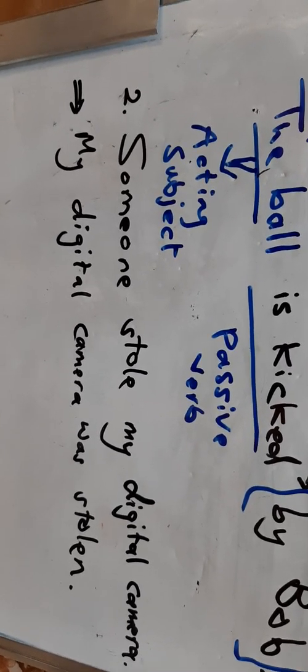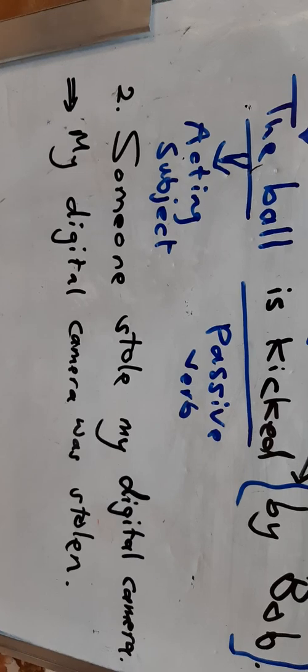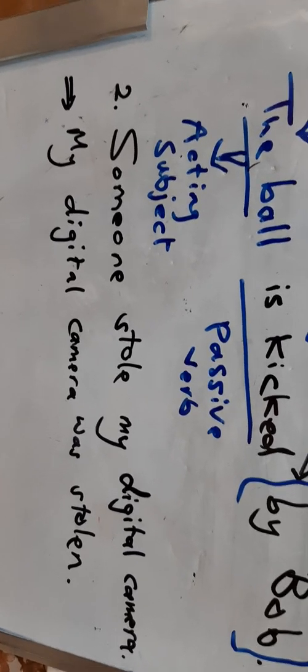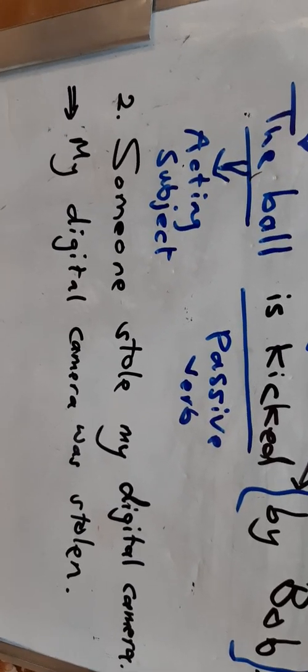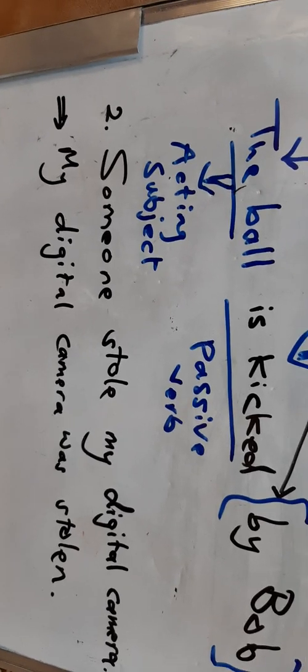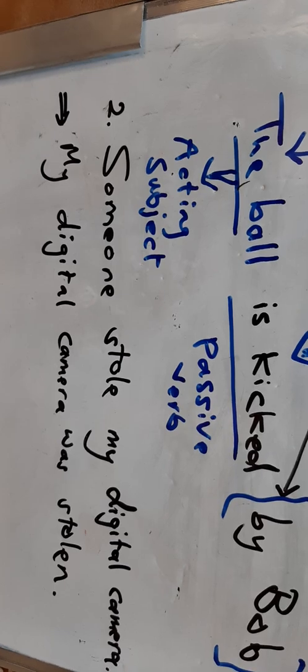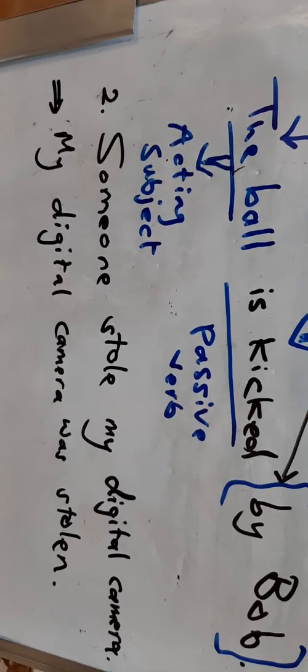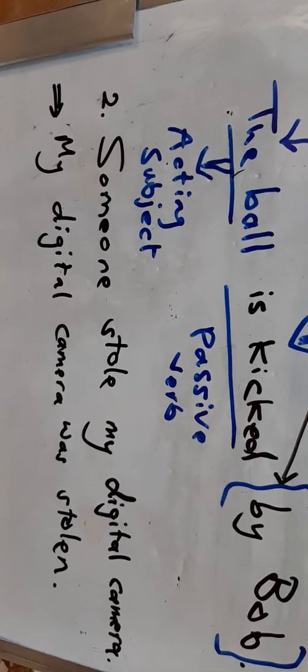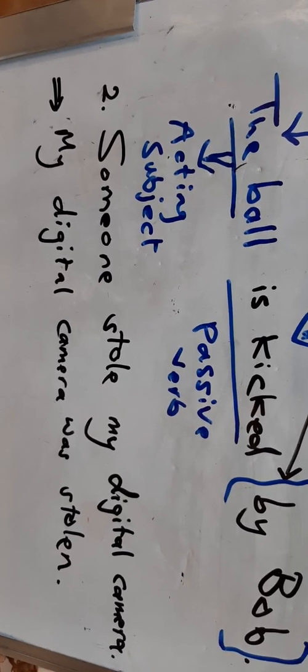Because the tense is in the past, we use a verb of to be in the past, which is was. Why was? Because my digital camera is singular. And then we change the verb stole into its past participle, stolen.